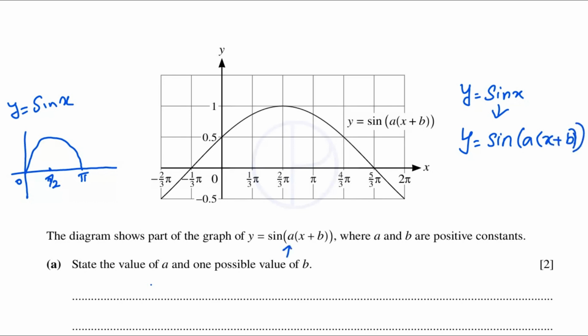So in this, a represents the horizontal stretch factor and b represents the horizontal translation factor. So these two are horizontal transformations, so the order affects the outcome. So we need to find the order in which these transformations are applied on the curve y is equal to sine x.